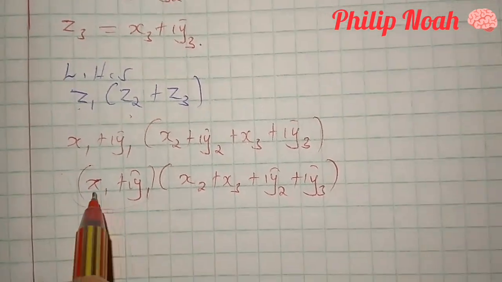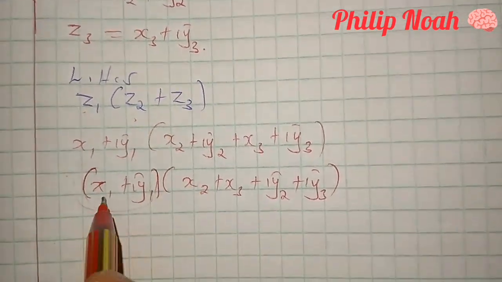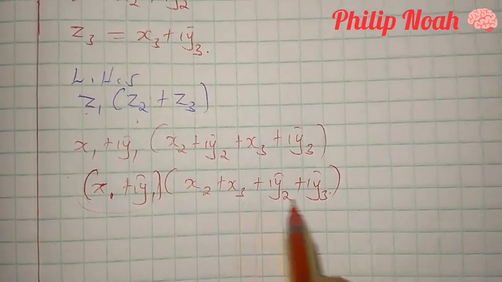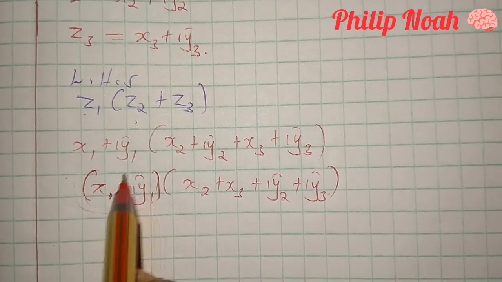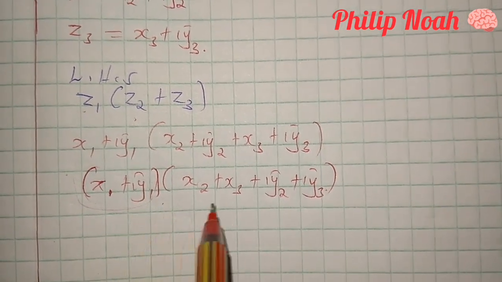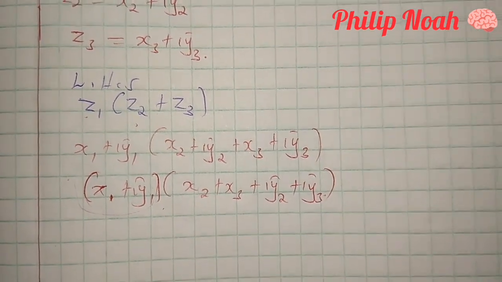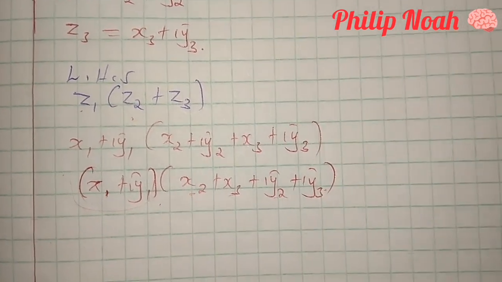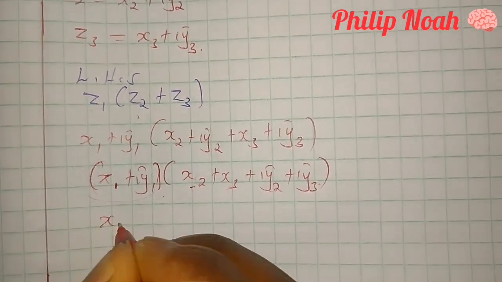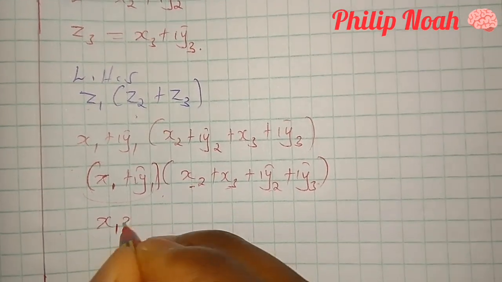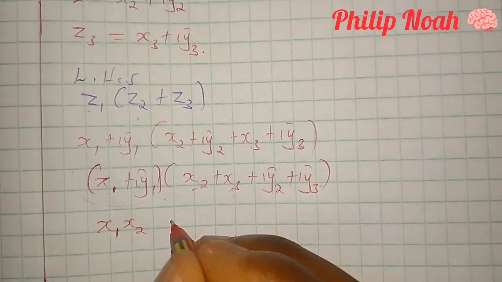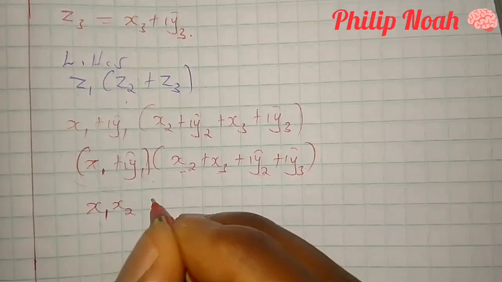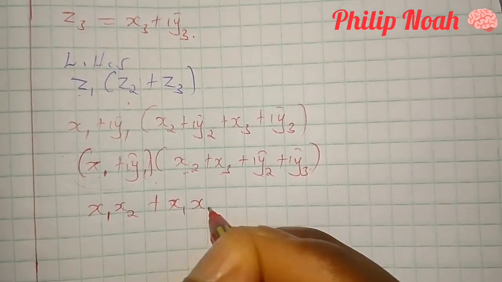So let's start. We shall start by multiplying x1 with each term in the brackets. Then after that we move to iy1, we multiply by each term in the brackets. If I say a term, I mean this is a term, this is a term. Are you there? So we take x1, we multiply by x2, we get x1 x2. We take x1, we multiply by x3, it is x1 x3.